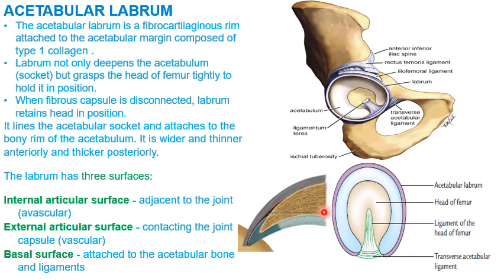It has three surfaces: the external articular surface, which is vascular because it is related to the capsule, and the inner surface, which is avascular because it is related to the synovial fluid, and the base, which is attached to the acetabular bone and also to the ligaments, the transverse acetabular ligament, this one.